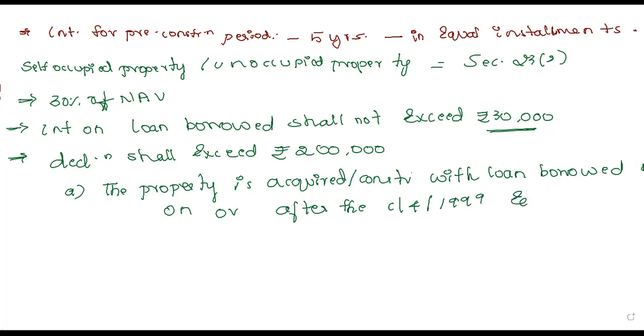This is the first situation. Suppose you are acquiring the property or constructing it with a loan taken after that date. That means the deduction will reach 2 lakh only in these two situations.